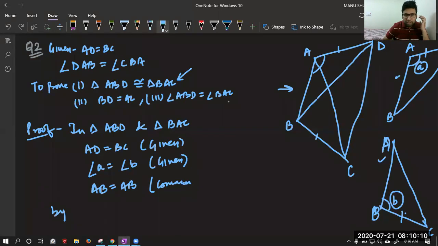Side, angle, side, because one side is coming, one angle is coming, one side is coming in continuation. We have to look in continuation. One side, one angle, and one side of one triangle equal to one side, one angle, and one side of the other triangle, by SAS criteria.